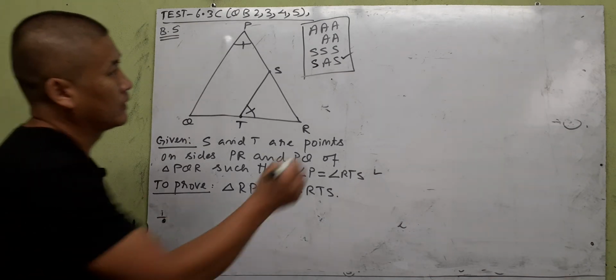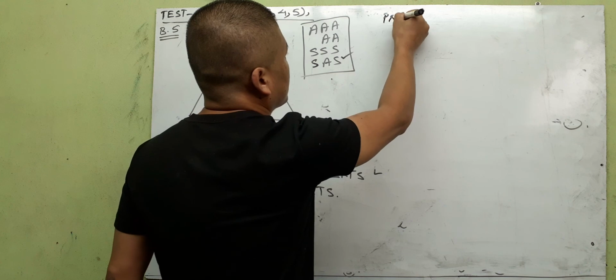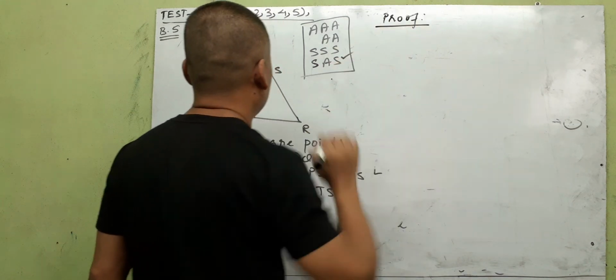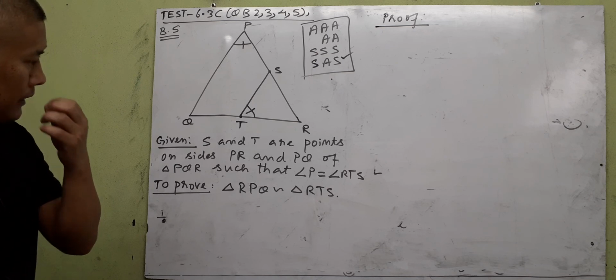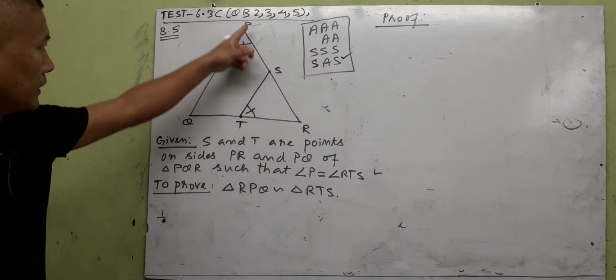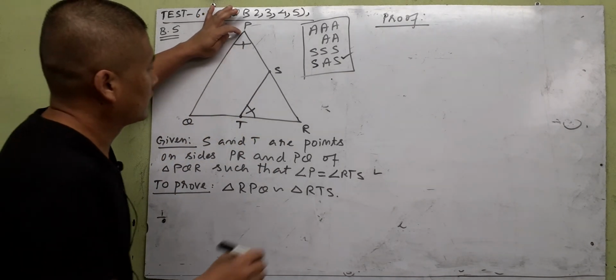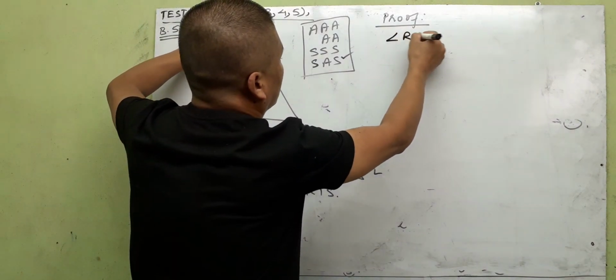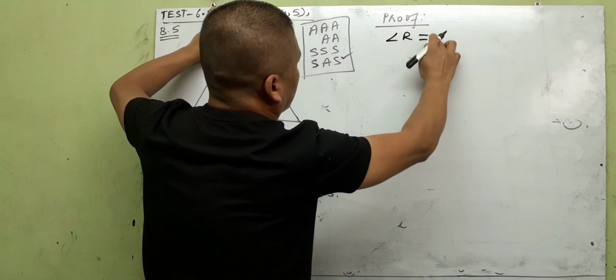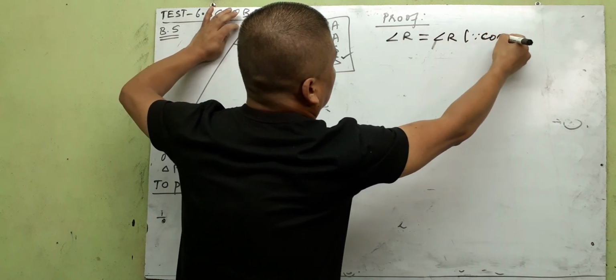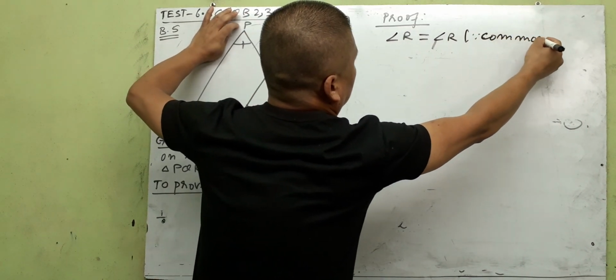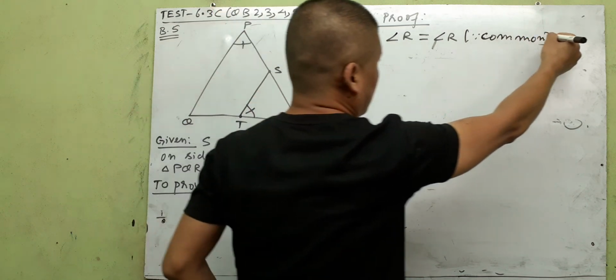So let us prove it here itself, because there is space now. Taking the bigger one first, angle R equal to angle R, you would agree with this, since it is common. Let us keep this as equation number 1.